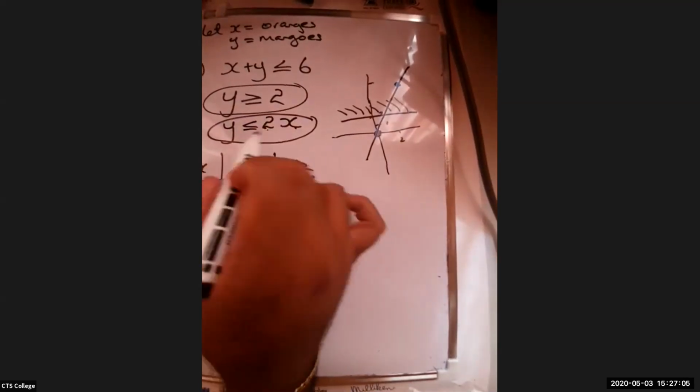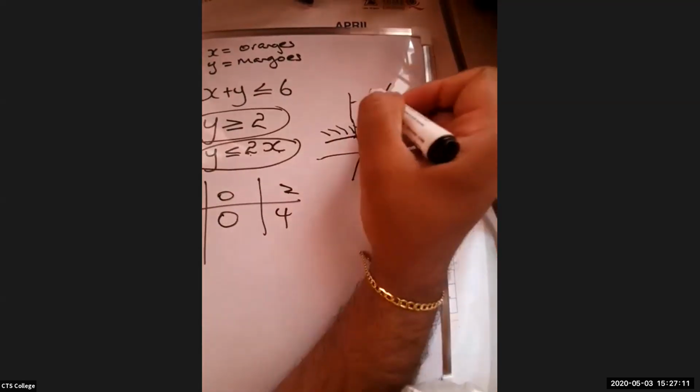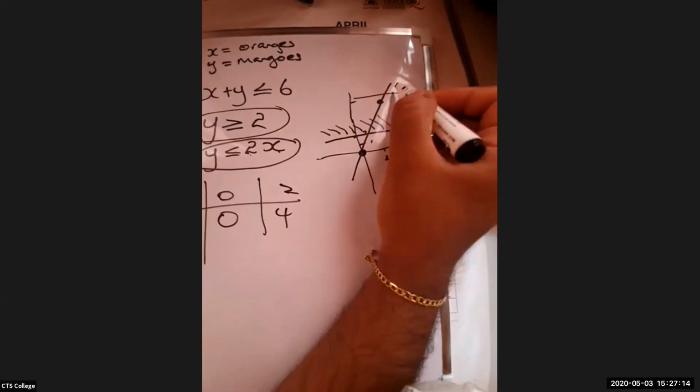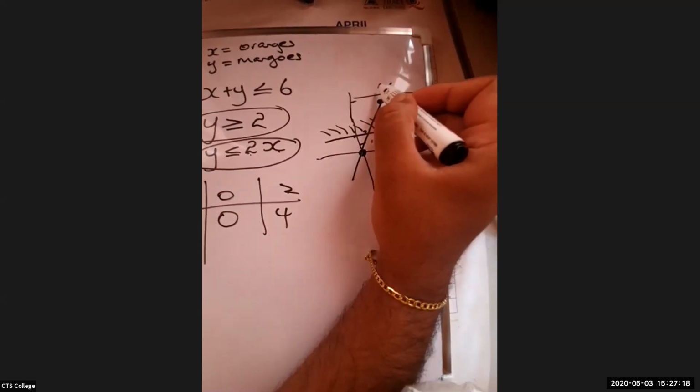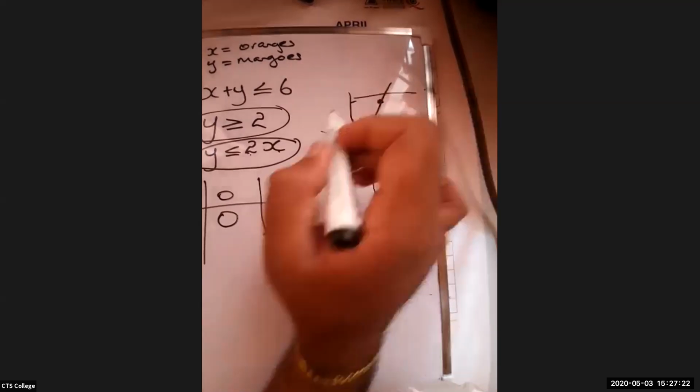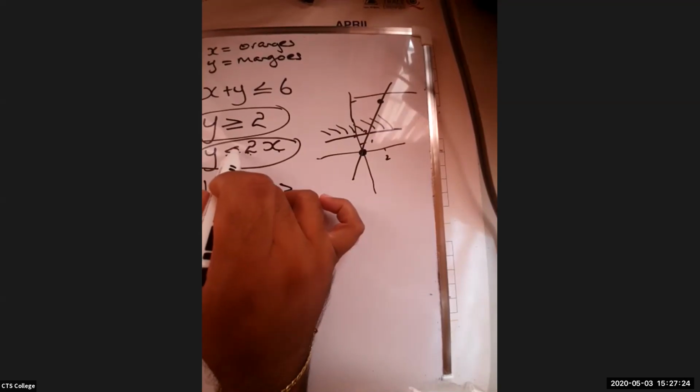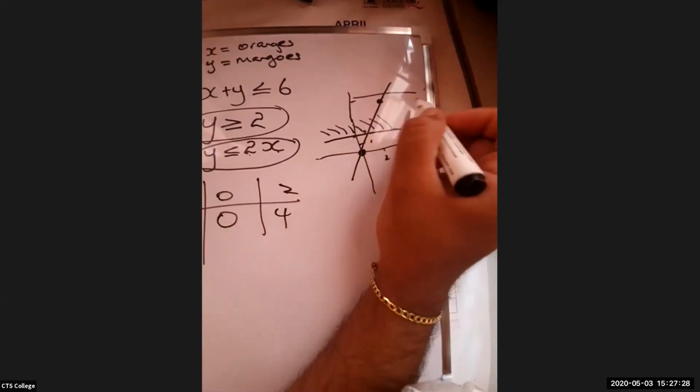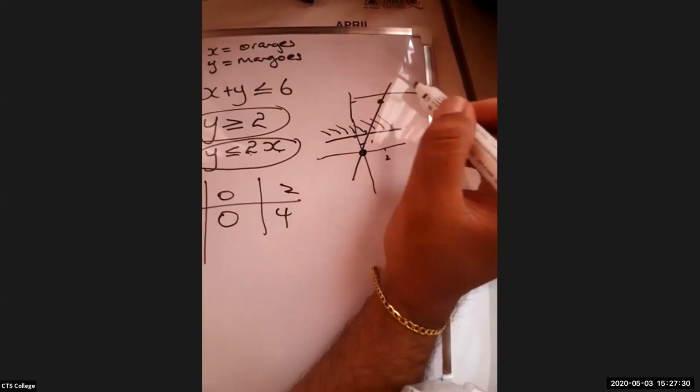Now, we need to know which is the region we want. Agreed? So how we will know that is draw a line. This is the side with the acute angle. So this is the less than region. And this is the side with the obtuse angle. So this is the more than region. And since the question here is telling us it's the less than region we're looking at, which side are we looking at? The right hand side or the left hand side?